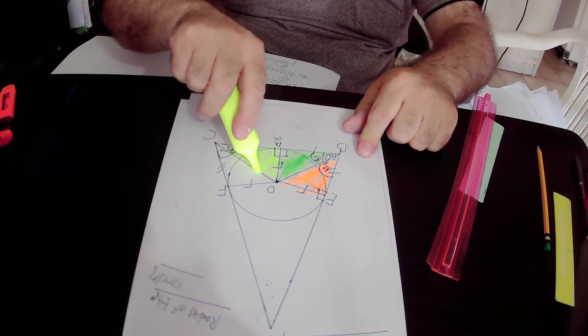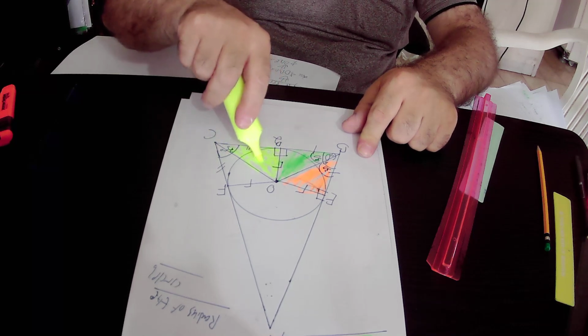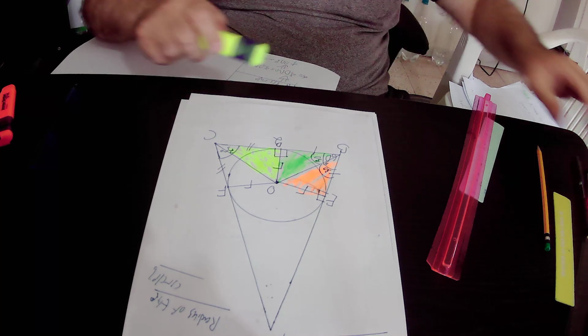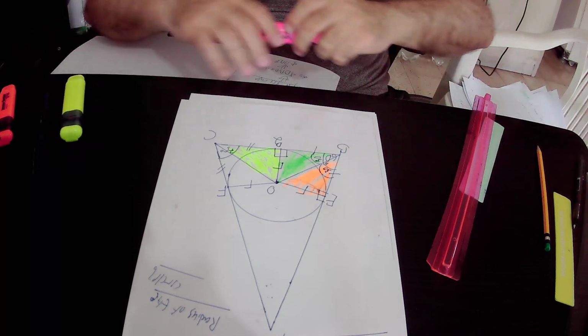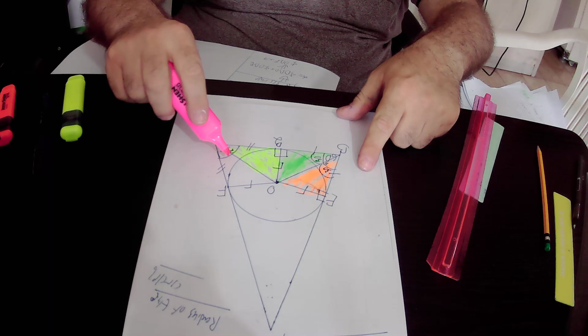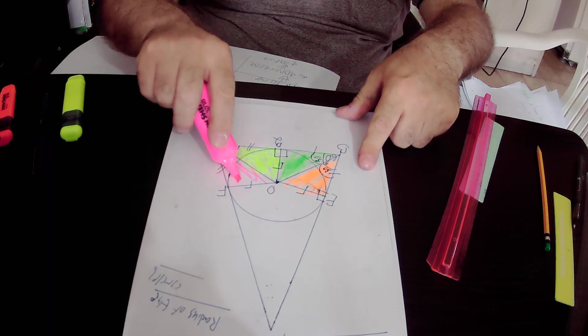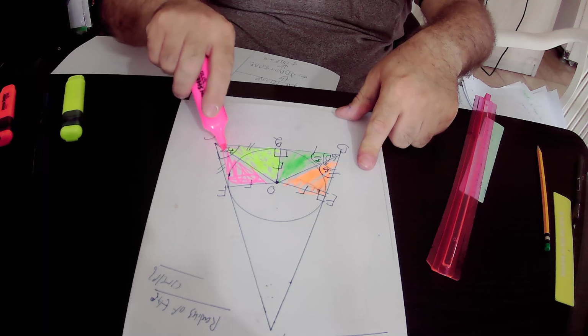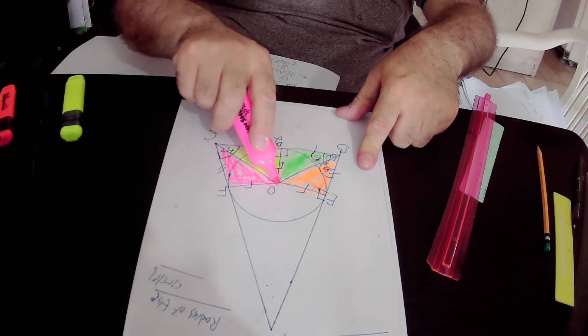is congruent to the pink triangle OFC. So why is the yellow triangle congruent to the pink triangle?